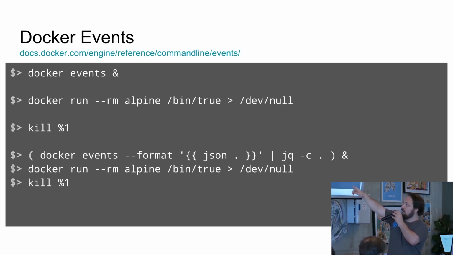And once you type in the second line, you should be able to see all the events being spat out by the Docker events CLI command. It's acting like a log, actually. It's acting like an audit trail of all the commands being executed, yes.